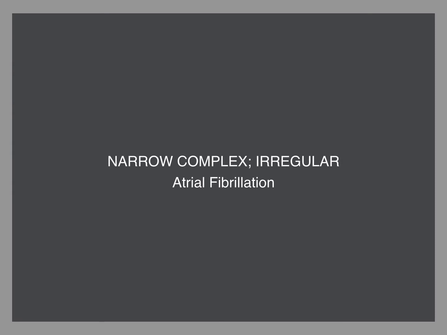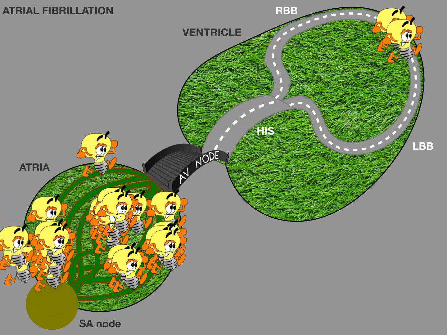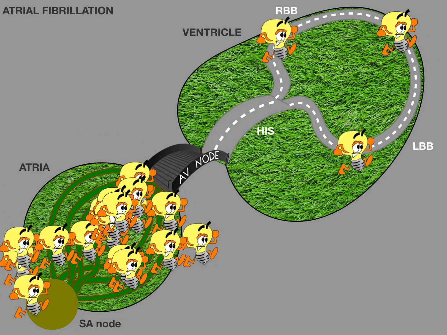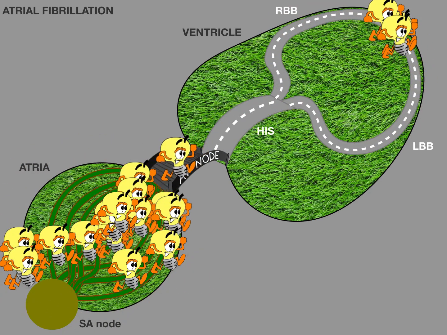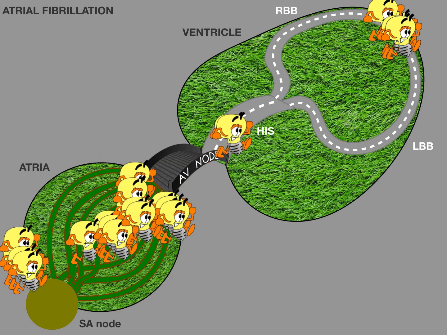Let's move on to thinking about our narrow complex irregular tachycardias. And this is generally always atrial fibrillation. So here you have chaotic activity within the atria from multiple foci, and these electrical signals are passed intermittently through the AV node, but not at any regular interval.